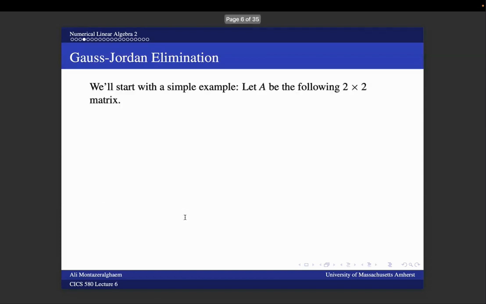So let's start with a simple example of this algorithm. For example, we have A, which is a 2 by 2 matrix, like this.